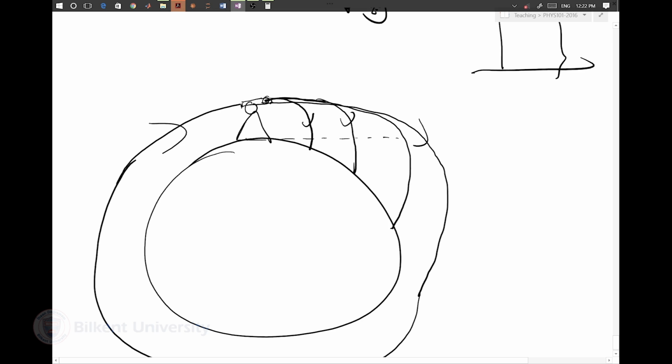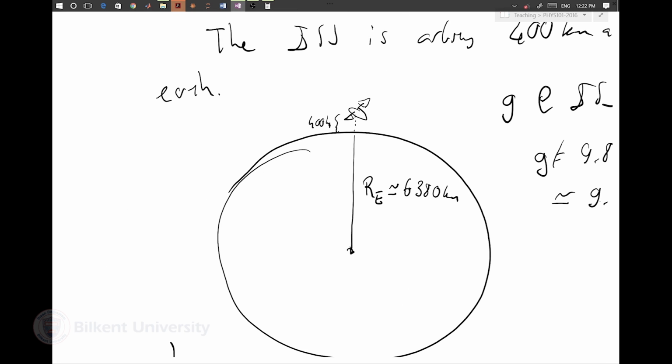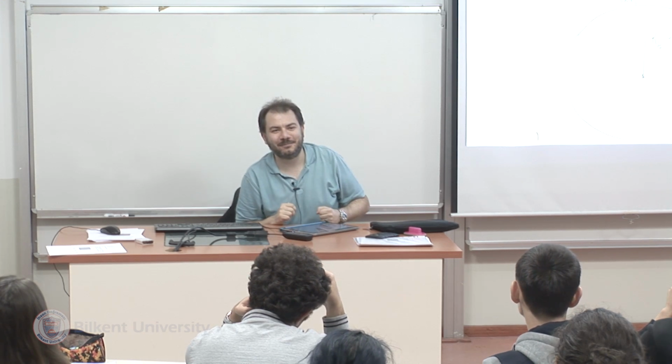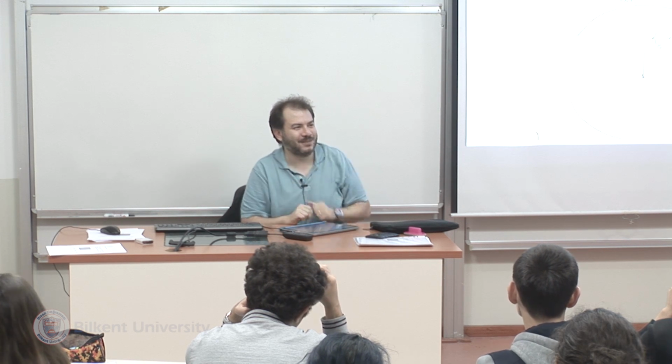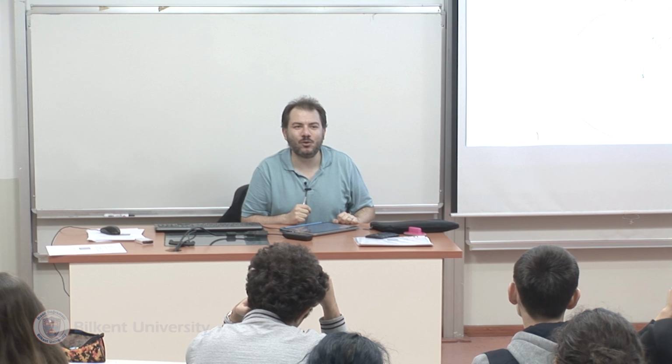And this is exactly what the International Space Station is doing. People in it are falling. The whole International Space Station is falling. However, they are going so fast that as they fall, the Earth curves away below them, right? So their distance from the Earth is conserved.